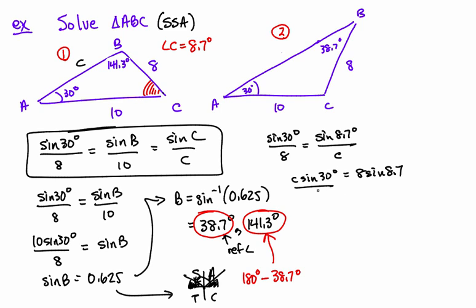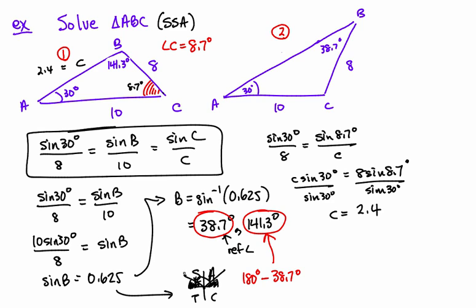Dividing both sides by sine 30, I get a C value equal to 8 times sine 8.7 degrees over sine 30 degrees, which is 2.4. So this side here would be 2.4. That would be my C value, and this would be 8.7 degrees in here.